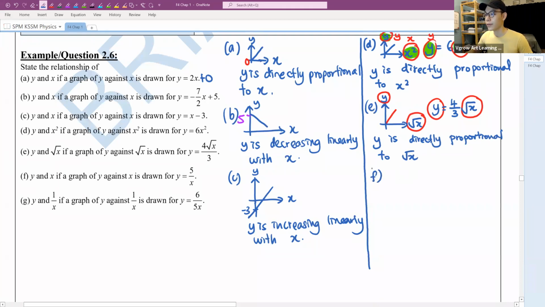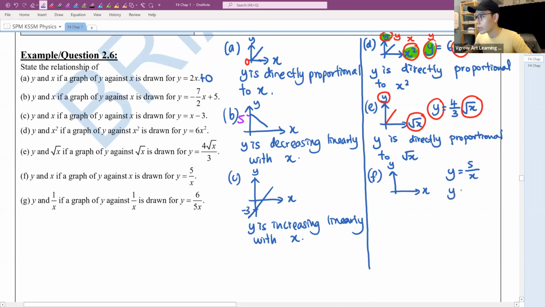Then for F, let's look at this. For F, I got a graph of y against x. They ask you to find out the relationship of y against x. The graph is like this, y equals to 5/x.